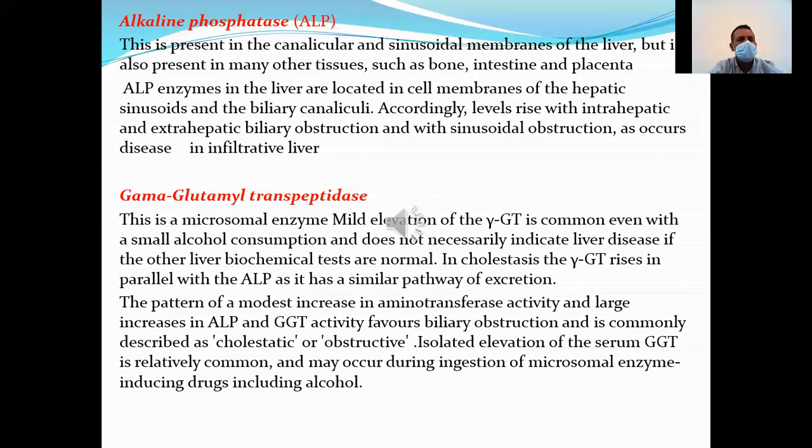But when it is elevated alone, that indicates either alcohol or a drug that induces the microsomal enzyme, like Tegretol or some antibiotics, leading to elevation of this enzyme alone.